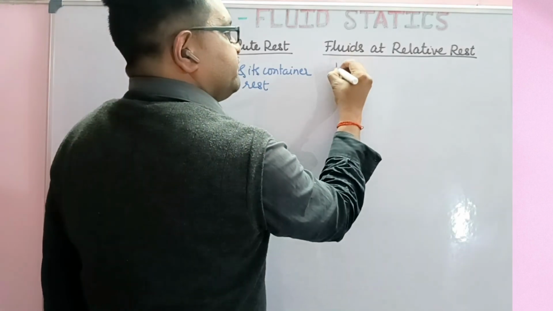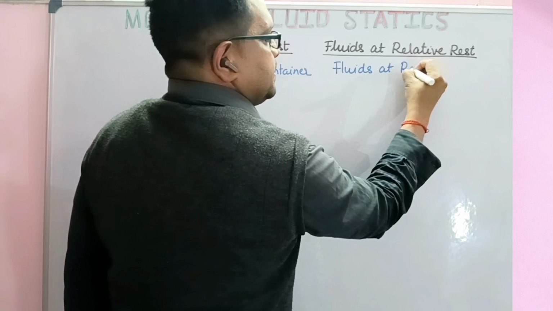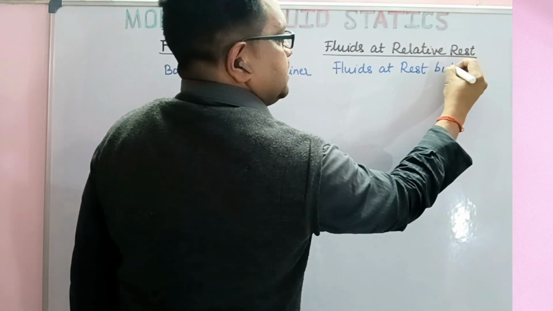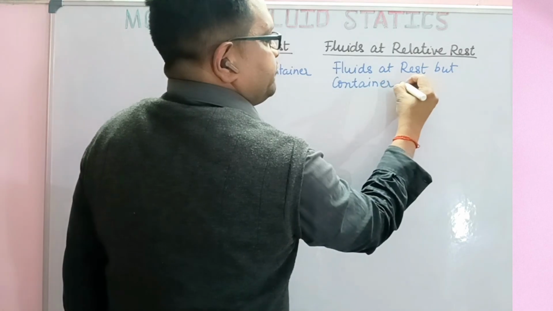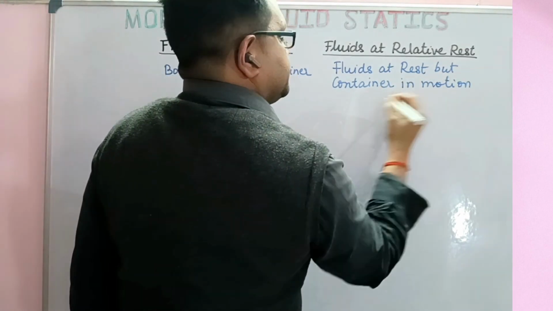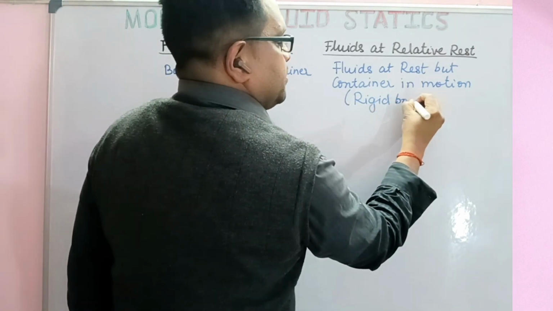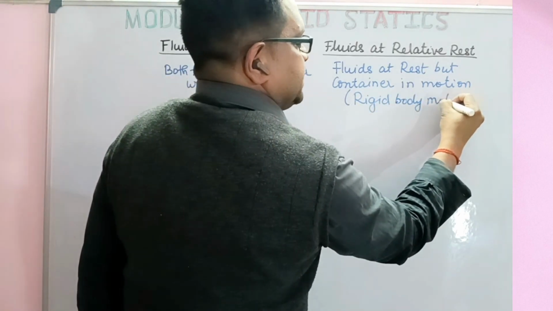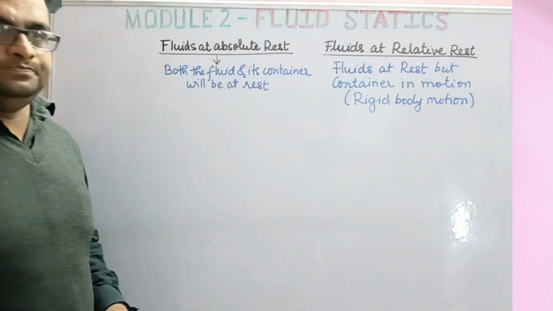So, in this case, we have fluids at rest, but the container will be in motion. So we will say that there will be a rigid body motion, studying the fluid and the container together.